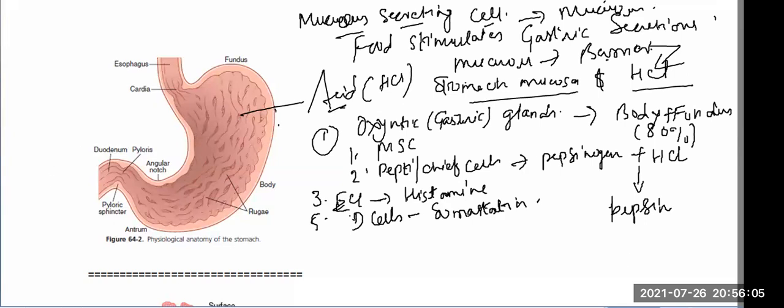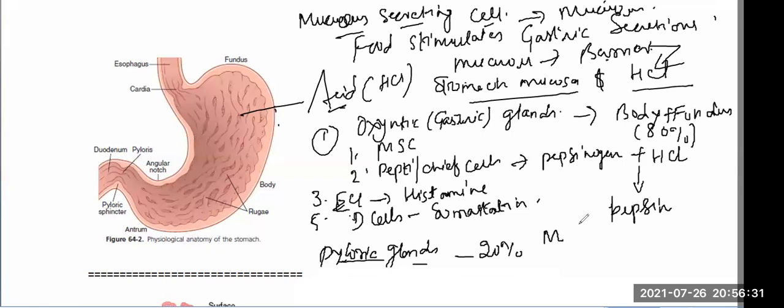Now, if you come to the distal part of the stomach, you have the pylorus here, and the pylorus has pyloric glands. So let's see what pyloric glands secrete. Pyloric glands are located in the antral portion of the stomach. They cover 20% of your stomach. And what kind of cells do you have?